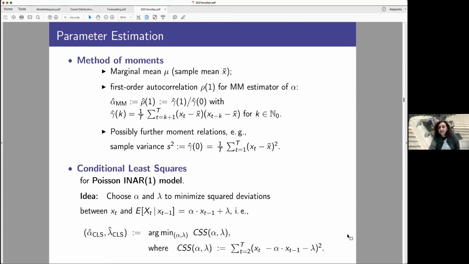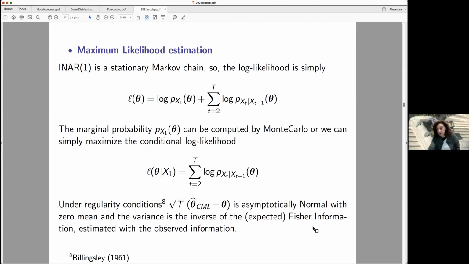And this is again a minimization problem, which of course doesn't coincide with the maximum likelihood estimators, which is the estimation that we will mostly be dealing with.